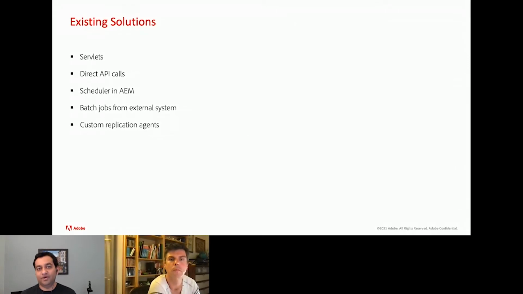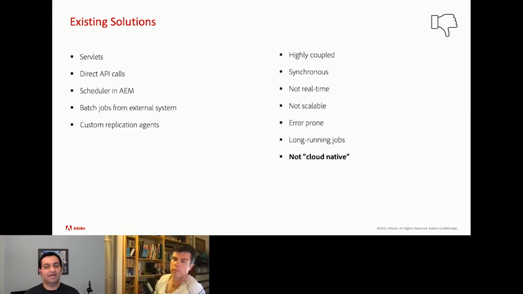Or you have a custom replication agent that takes content from AEM and pushes it out to some system. Typically, the main problems with these are they're usually error prone, they're highly coupled, they're mostly synchronous, they're usually a batch job of some sort and not super real time. And in essence, they're not cloud native.